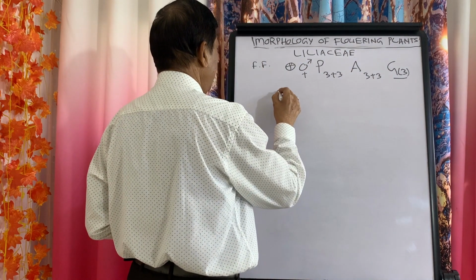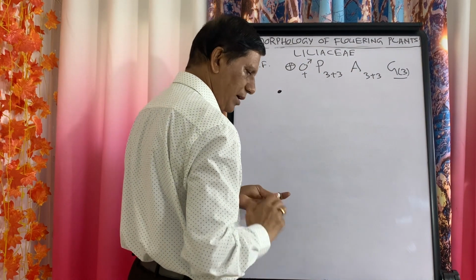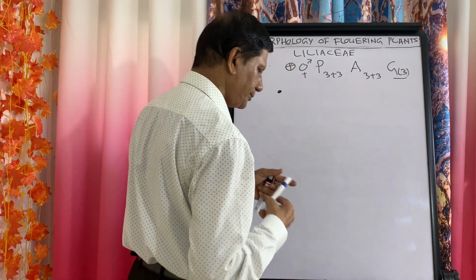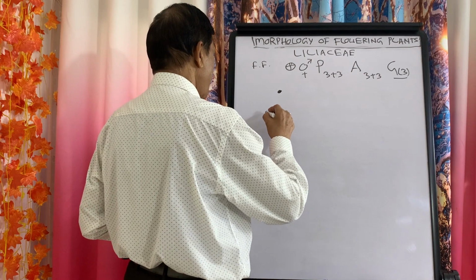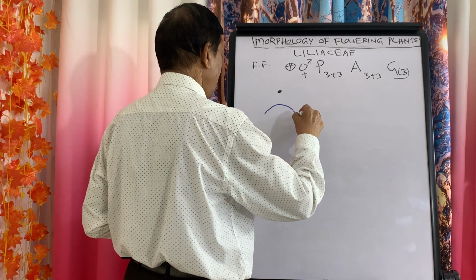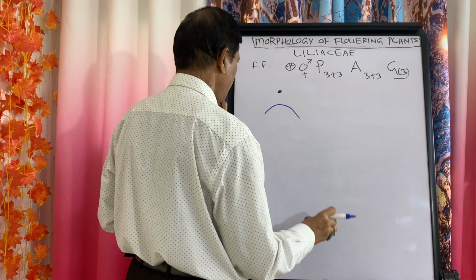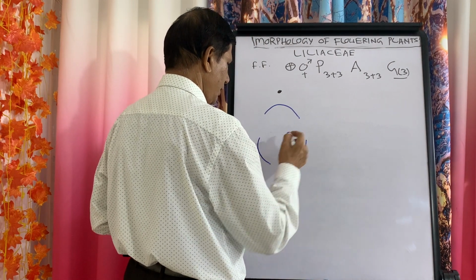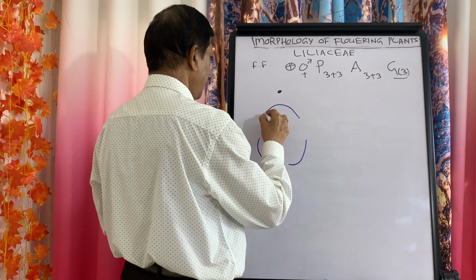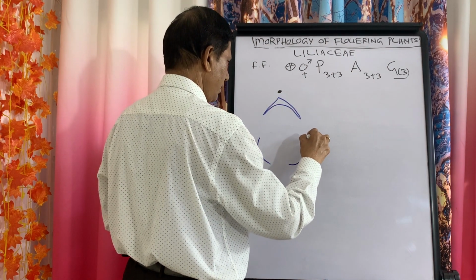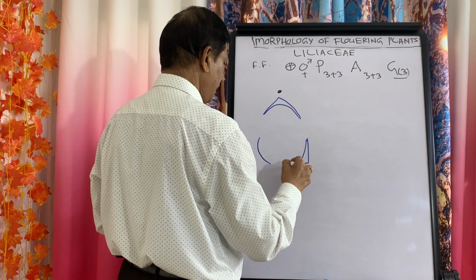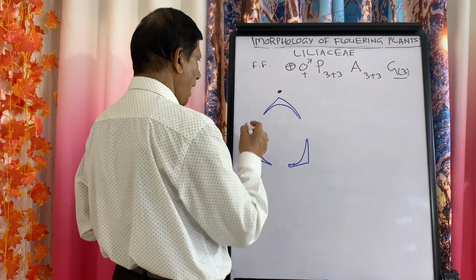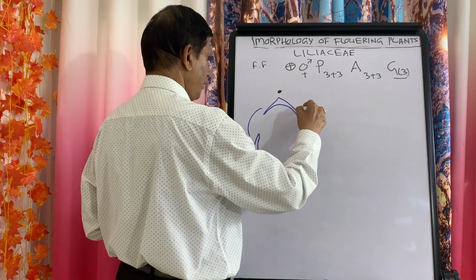So this is the mother axis. Then when we draw the perianth, these 3, they are the inner ones because 6 are there. These 3, they are the inner ones. Then the outer ones. This is one outer. This is one outer.